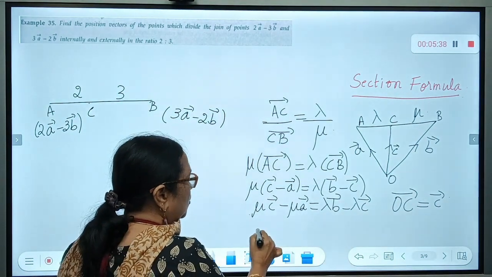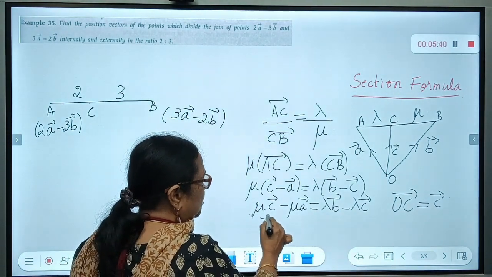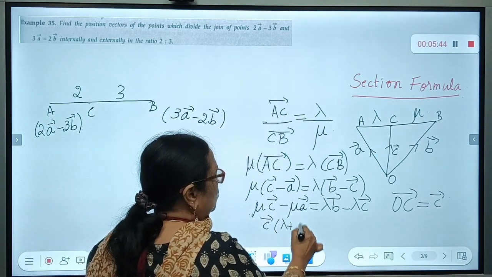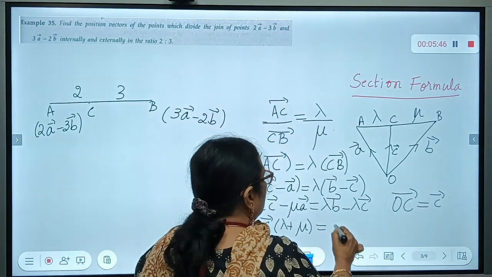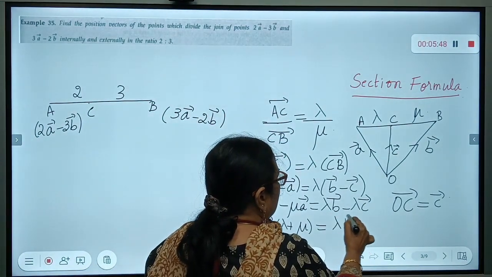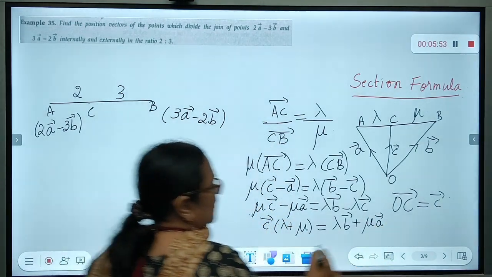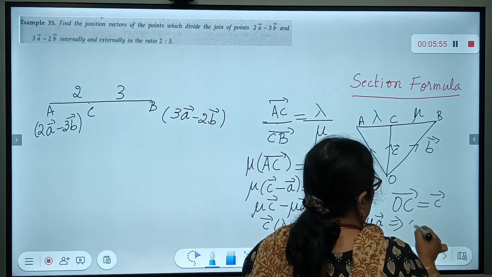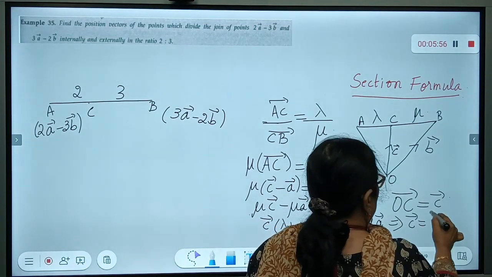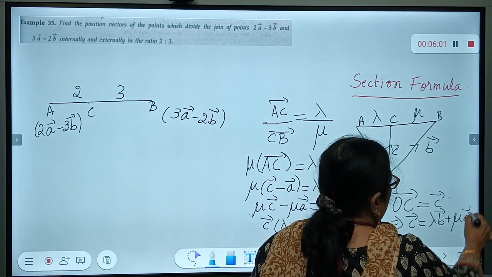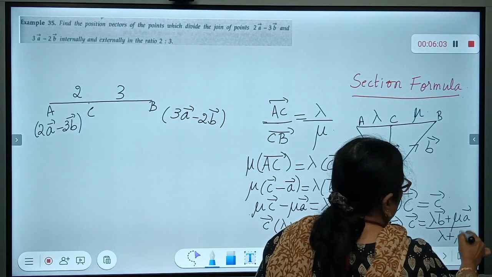Okay. Now let us collect the coefficients of C vector. I will get lambda plus mu times C vector, which is equal to lambda times B vector plus mu times A vector, which implies C vector equals lambda times B vector plus mu times A vector, divided by lambda plus mu.